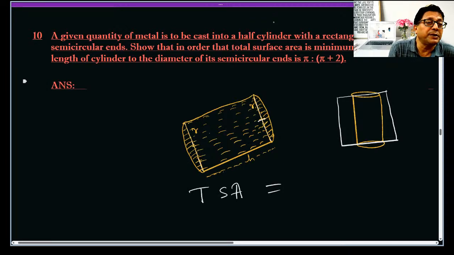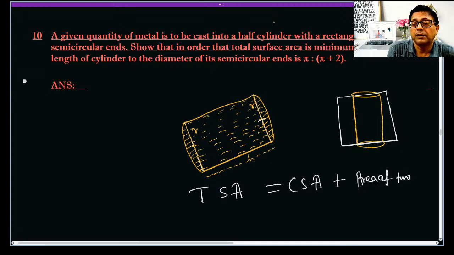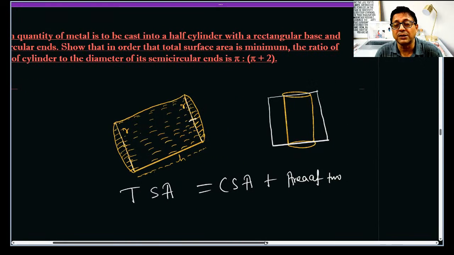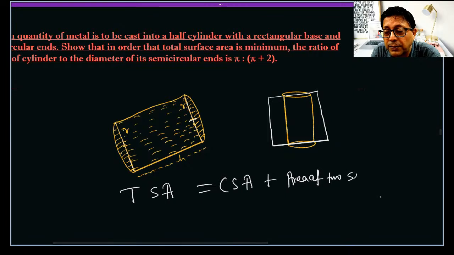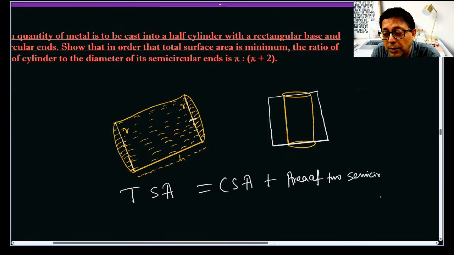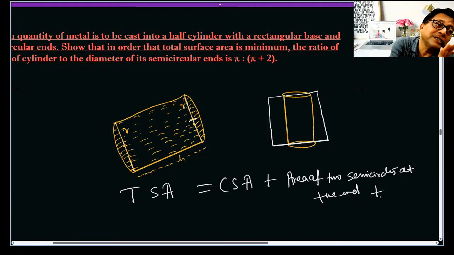Total surface area will be curved surface area plus area of two semicircles at two ends, plus this portion is rectangular whose length is h and breadth is 2r.